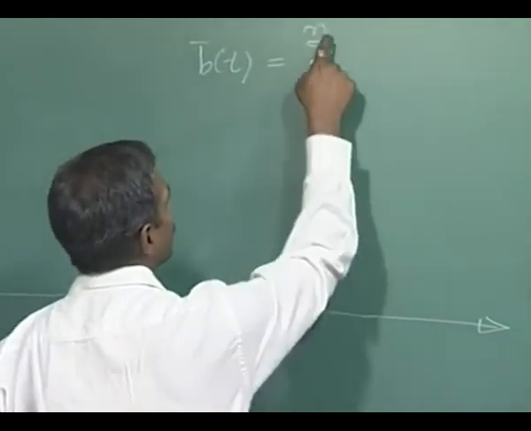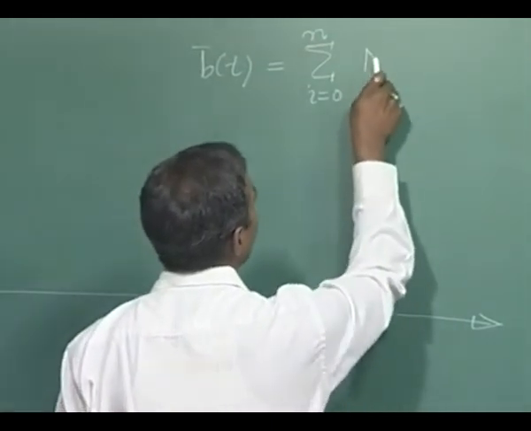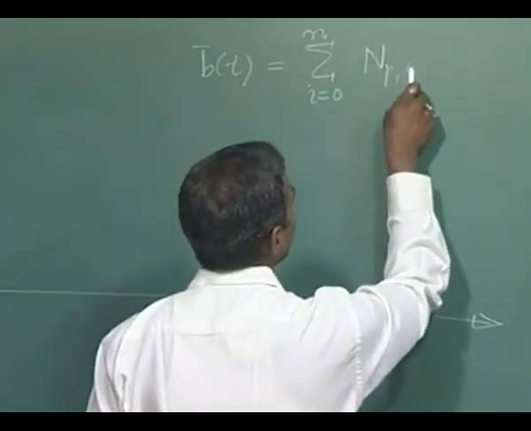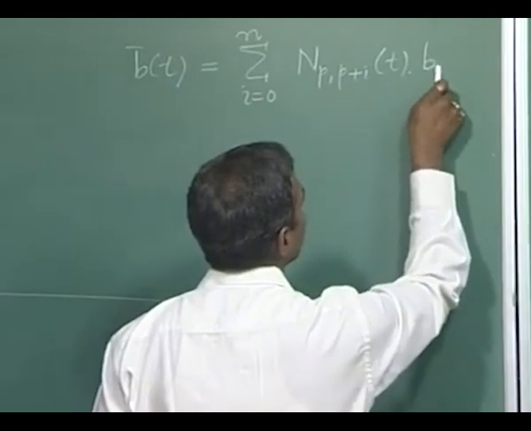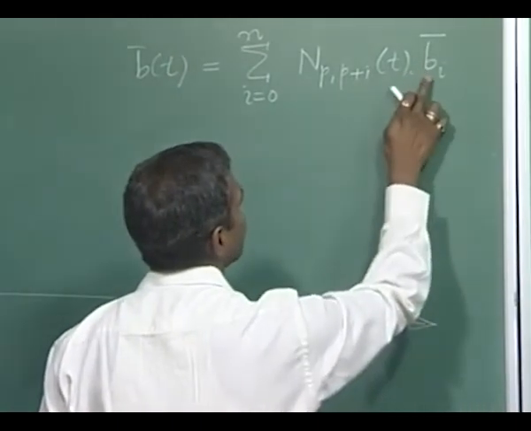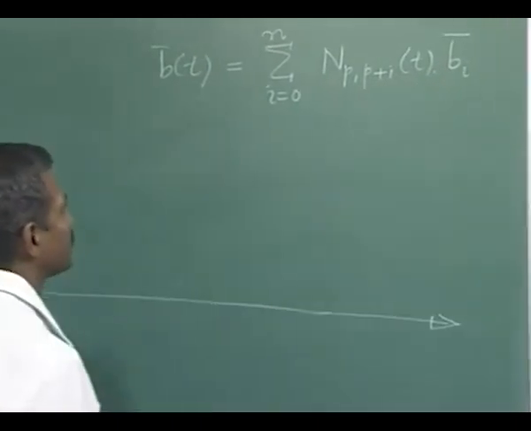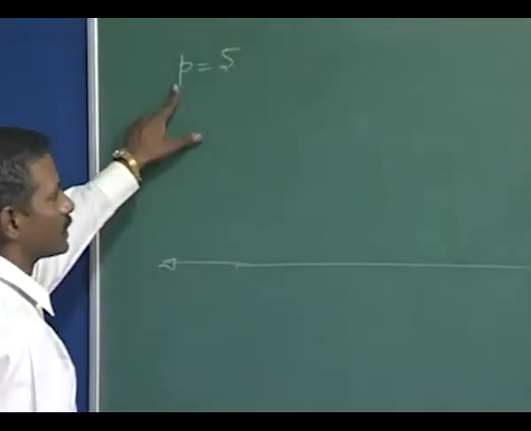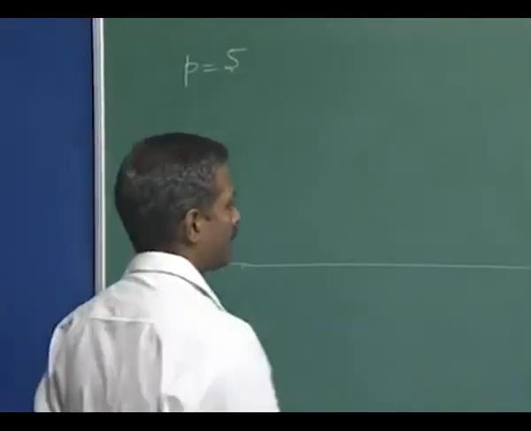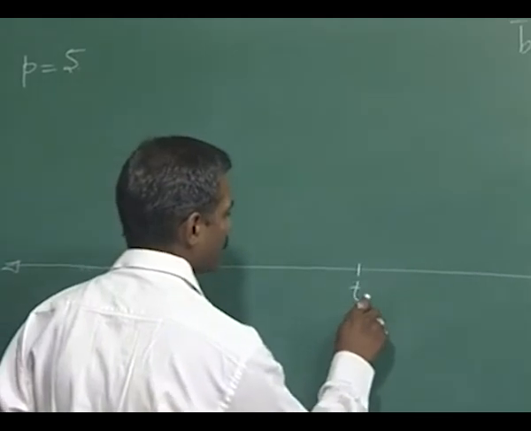These are the n plus 1 design points, N p plus i of t times b i. These are the design points that you have specified. As I said, we are working with p equals 5. Let's have an intermediate knot ti.